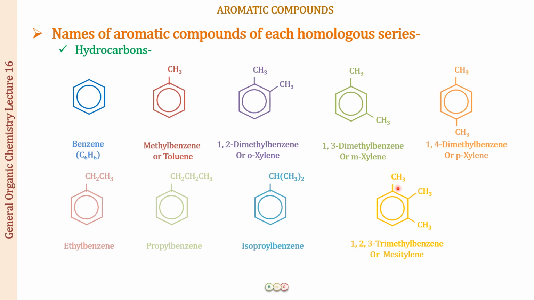It could have been position number 1, 2 and 4, or it could have been position number 1, 3 and 5. So these are again the three forms in which you can see this tri-substituted product. Mesitylene, a di-substituted product xylene, and a single substituted product toluene, where all the substitutions are by the methyl group.